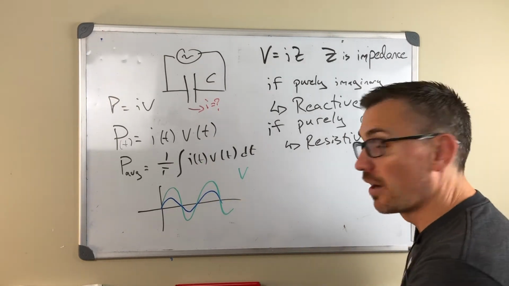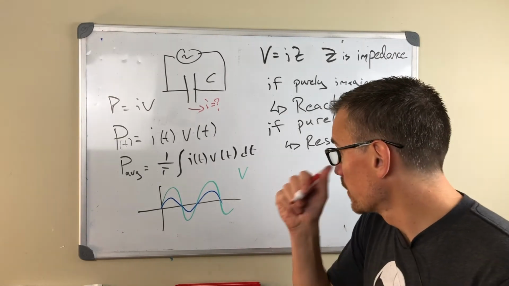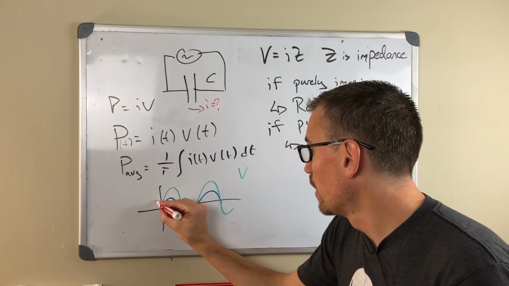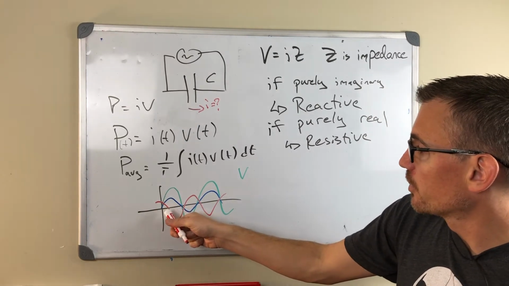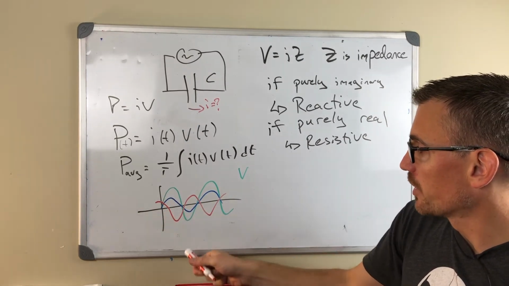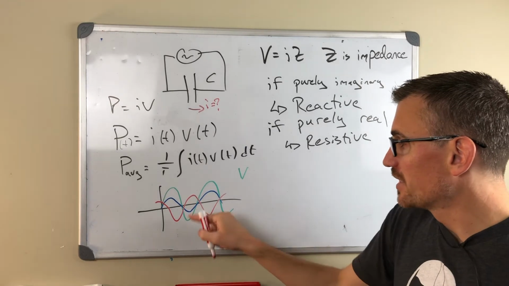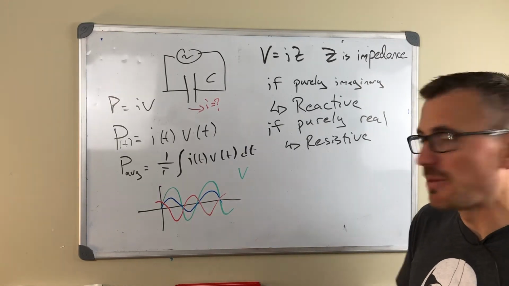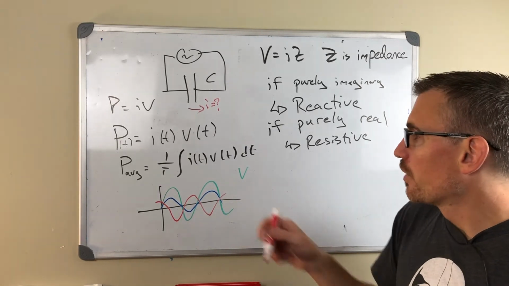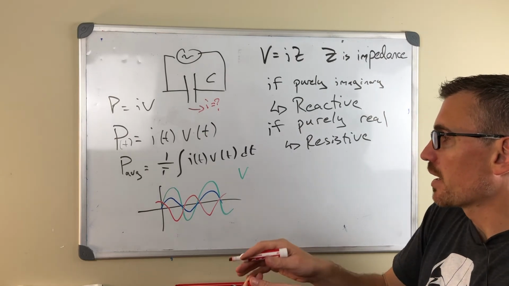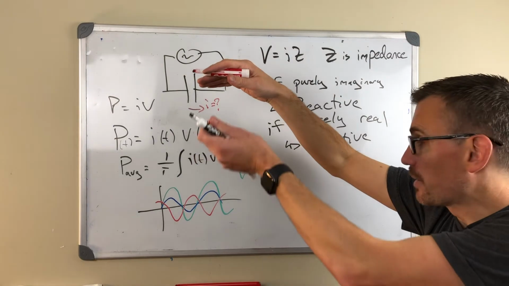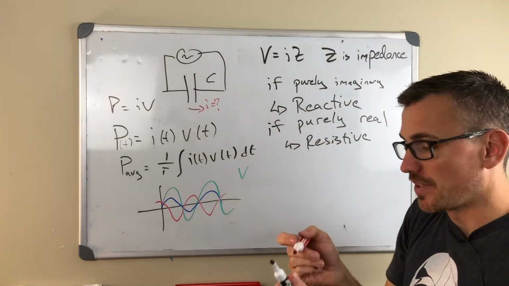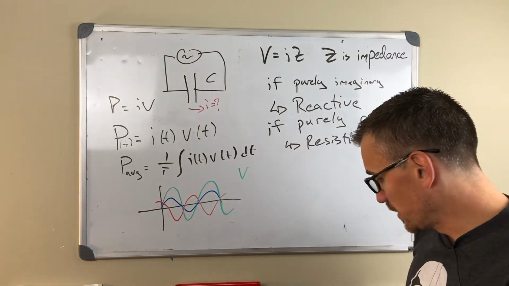However, if we're leading by 90 degrees, there are cases where one is negative and the other is positive, and vice versa, and they're not zero at the same time, despite my bad artistry making it almost look like they are. Sometimes the power is going to be positive, we're dumping energy into the system, and sometimes it's going to be negative, we're extracting energy from the system.